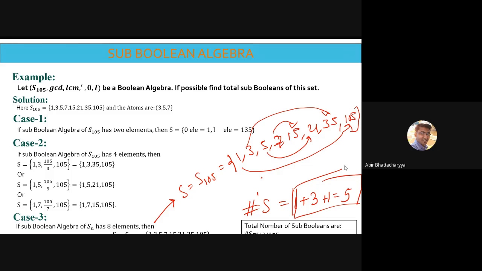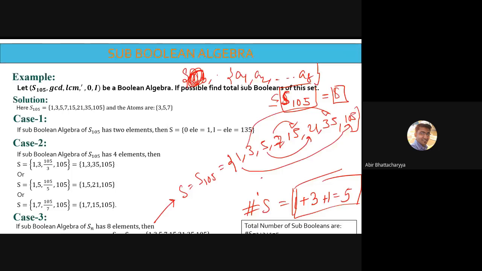Is it possible to find another set which is also a sub-Boolean? Let's consider elements A1, A2 up to A8.